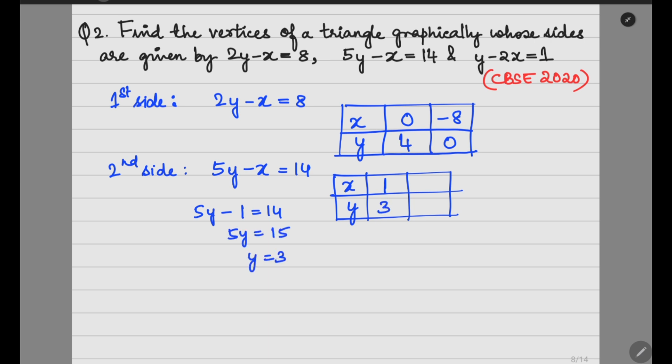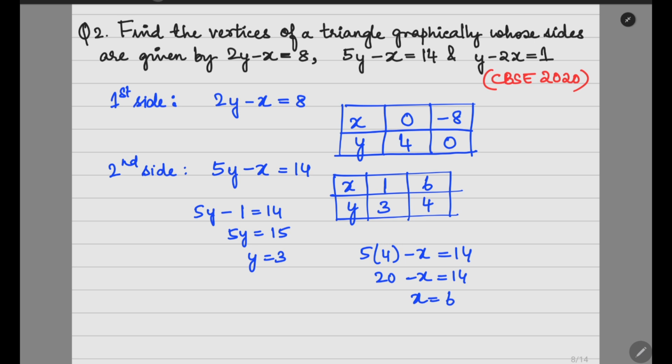Let's take y as 4 for just an example. So 5 into 4 minus x equal to 14. 20 minus x equal to 14. So x is equal to 20 minus 14, which is 6. So this is another pair.